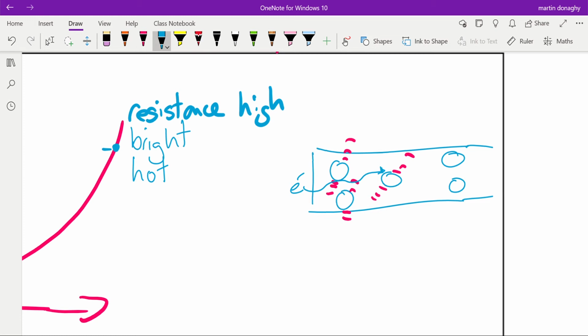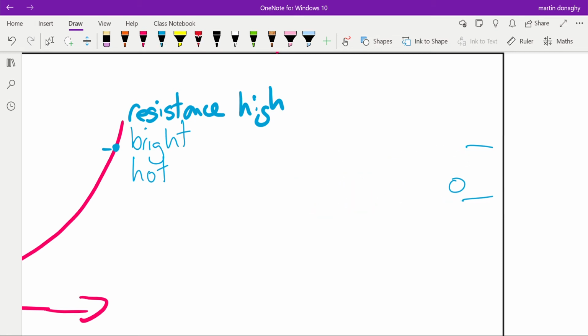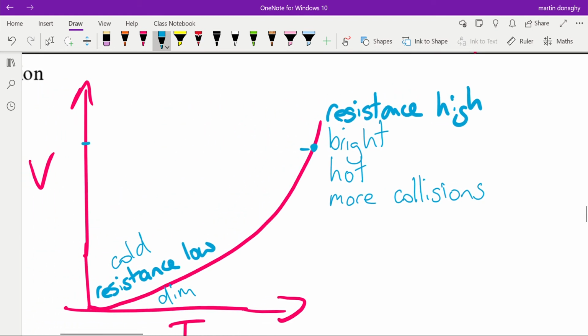And if that happens, it slows the electrons down. If it slows the electrons down, there's less current, so that just means the resistance is higher. Okay, so here the particles vibrate more, so therefore we get more collisions between the electrons and the ions that make up the lattice of the solid. Meanwhile, here we will get fewer collisions.